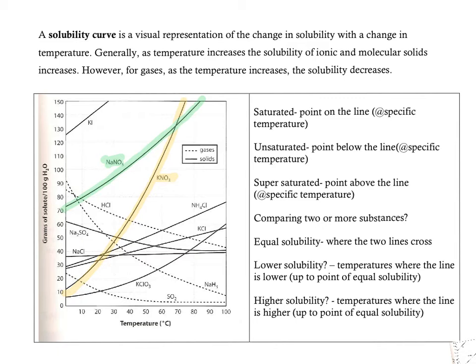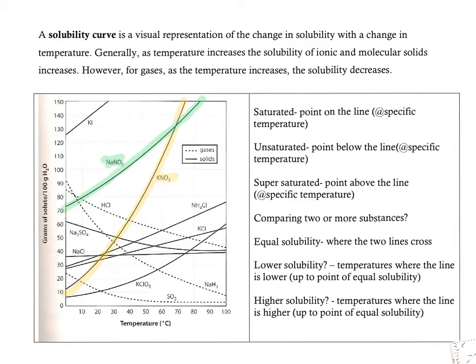Lower solubility. So you compare the two lines, the yellow line and the green line. Lower solubility means you can dissolve less substance. So below 70 degrees, from 0 to 70, potassium nitrate is lower than sodium nitrate, so it has lower solubility.